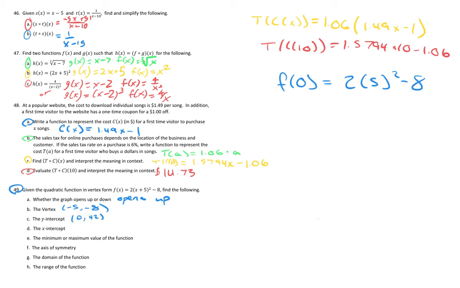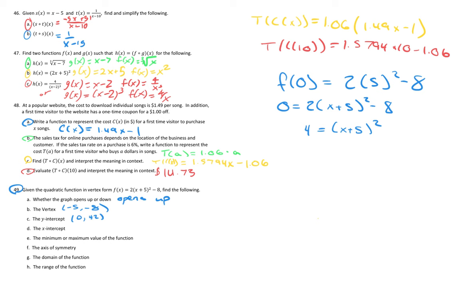The x-intercept is where we set y equal to 0, or f of x equal to 0. So we have 0 equals 2 times (x plus 5) squared minus 8. If we solve this, we add 8 and divide by 2, so we get 4 equals (x plus 5) squared.